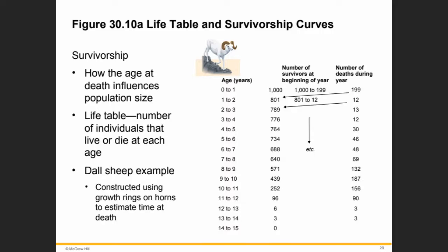So we have, from age 0 to 1, 1,000 survivors at the beginning, and then the number of deaths during the year is 199. So 1,000 minus 199 gives me 801 at the age 1 to 2. Then the number of deaths is 12, so 801 minus 12 is 789, etc., etc.